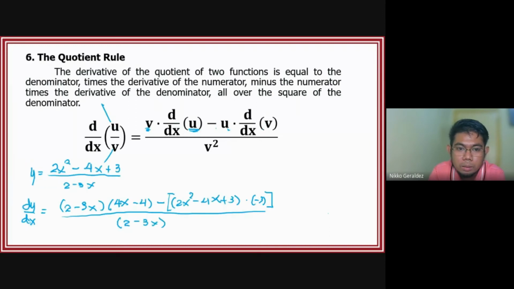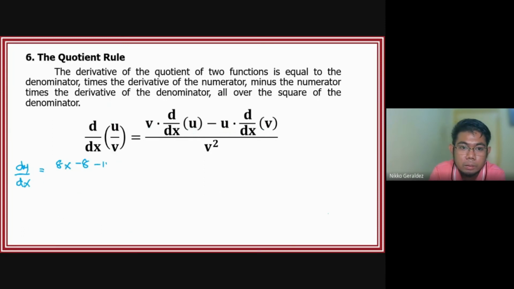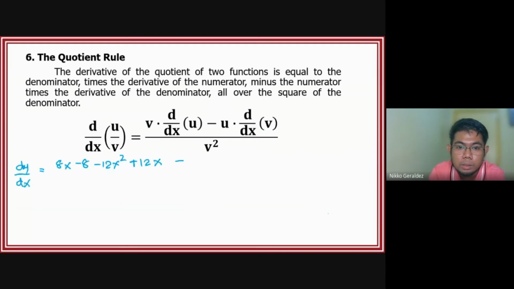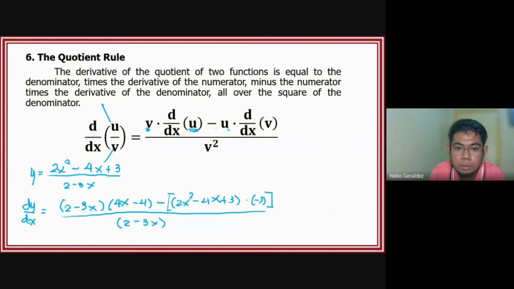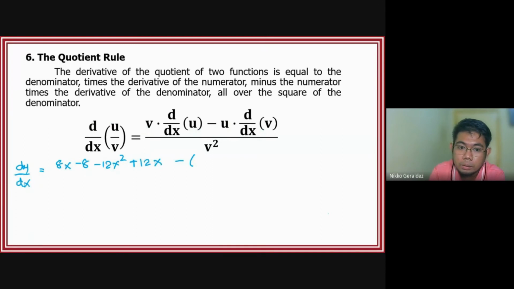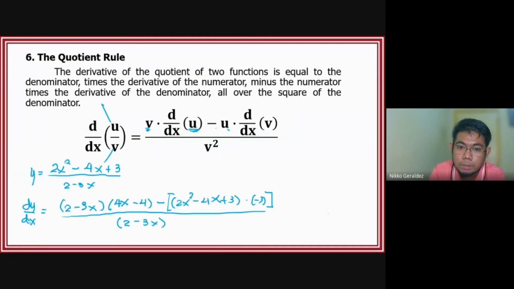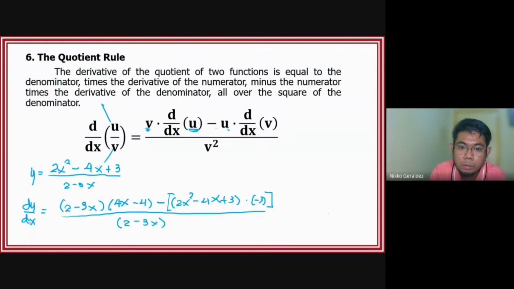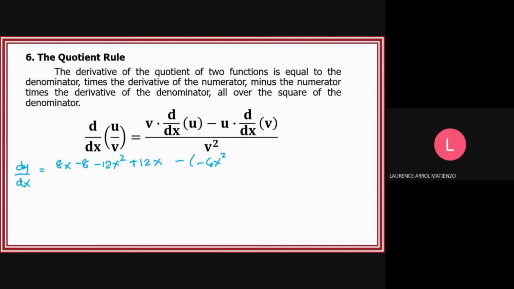Tapos, negative 12x squared, tapos 12x. Minus, 2x squared minus 4x plus 3 times negative 3. So, ito muna, 2x squared times negative 3, negative 6x squared. 4x times negative 3, positive 12x, then minus 9.